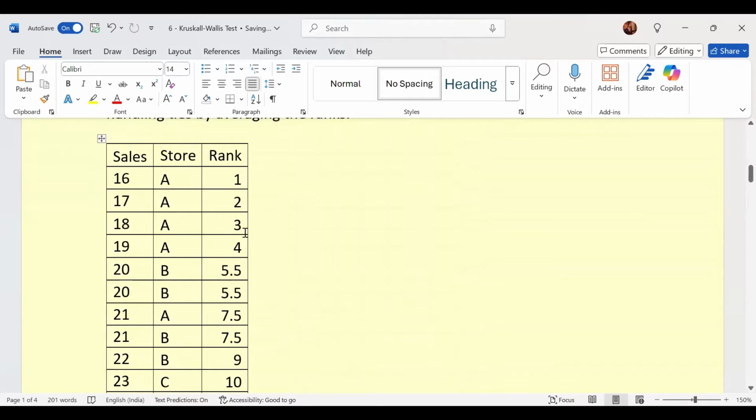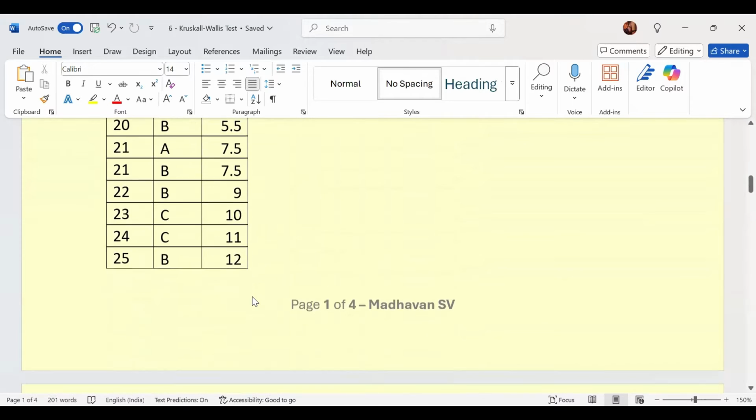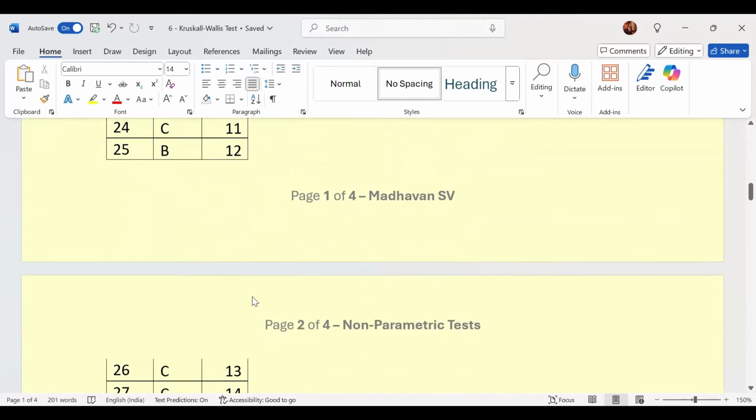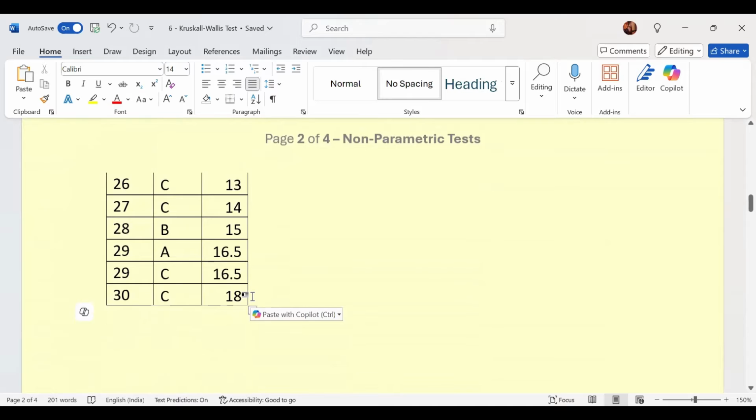We have 1, 2, 3, 4, 5.5, 5.5, 7.5, 7.5, 9, and then 10, 11, 12, 13, 14, 15, 16.5, 18, 16.5, 2 times 18. Now we need to calculate the rank sums.